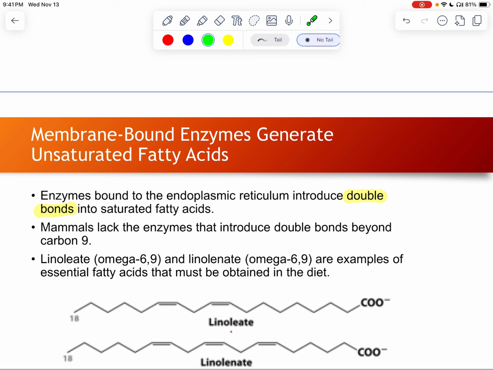When I look at this, omega 6 and 9, remember omega counts from the end, so 1, 2, 3, 4, 5, 6, 7, 8, 9. But when we label these beyond carbon 9, we're talking from this side, so 1, 2, 3, 4, 5, 6, 7, 8, 9. So our body cannot make this. It's too long, with double bonds too far from the carbonyl carbon. Same with this one. Hence, these have to be obtained in your diet. Your body cannot synthesize them.